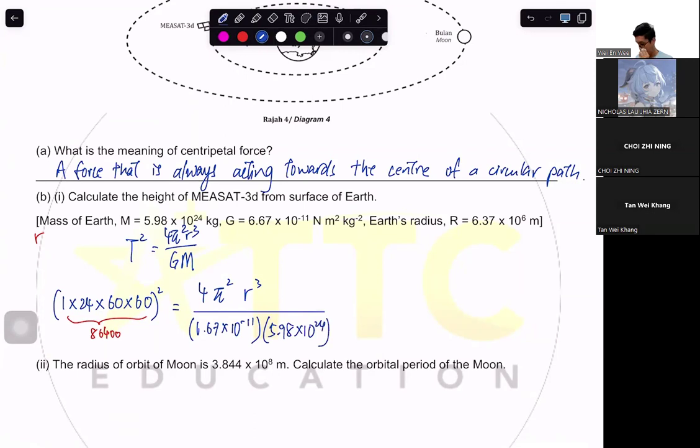You multiply these together, bring them over to multiply, and then divide by 4 pi squared and you get r cubed. After you get r cubed, you cube root it, then you can get r. So let's get the r first.